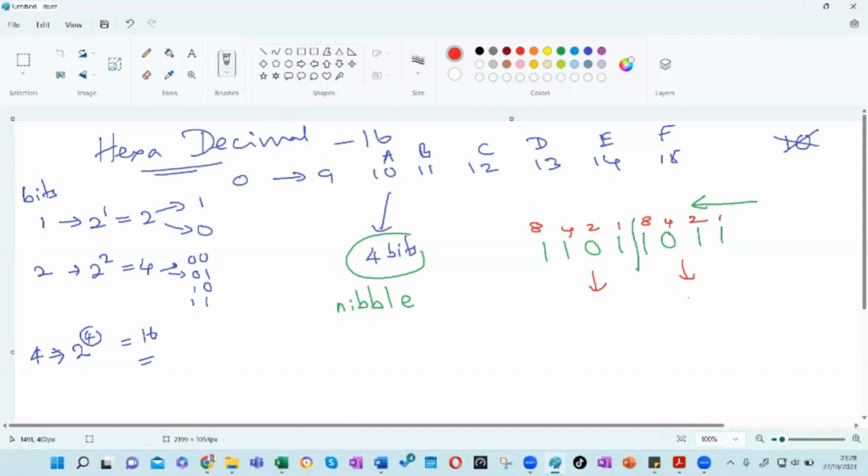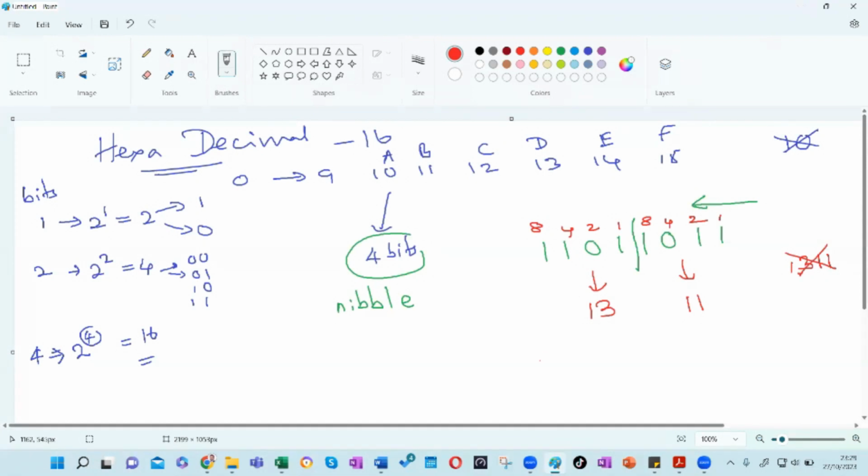This is 11. This one, if I make a mistake, let me know. This is 12 and 13. Now, you can't show 13 and 11 like this, right? Because in denary, this is 1311. So we can't represent it like that.